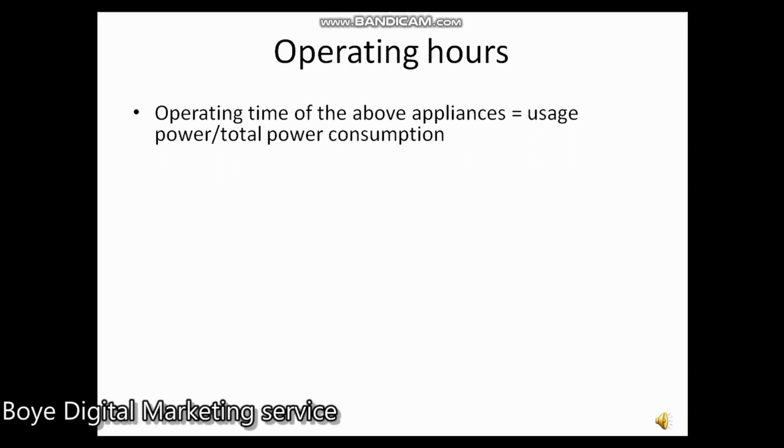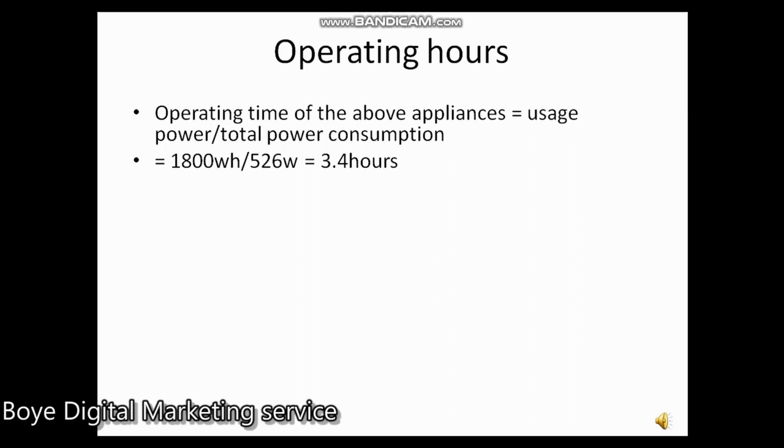from those home appliances, the operating hour will be the total power that you want to use from the battery divided by the power consumption. It will give us 1800 watt hour divided by the total wattage of the house, which will now give you 3.5 hours.